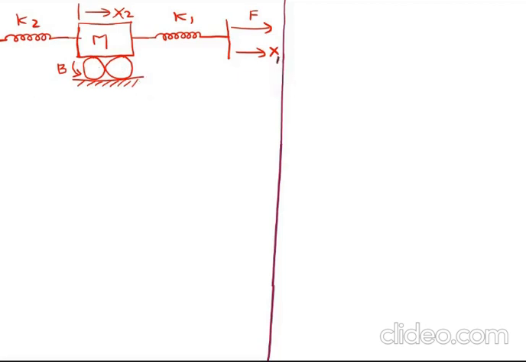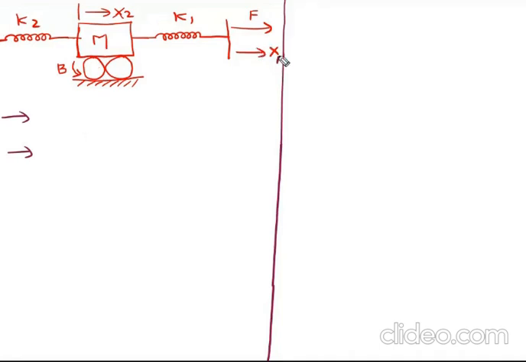Now the solution here is, as a first step you need to assume the nodes. In this given problem there are two variables: one is x1 and another one is x2. So to draw the free body diagram, from this given diagram you have to identify the elements which are connected alone to x1 and the elements which are connected alone to x2.